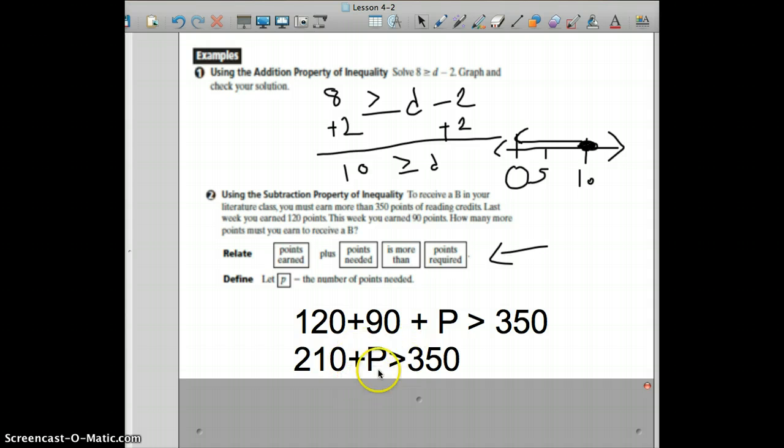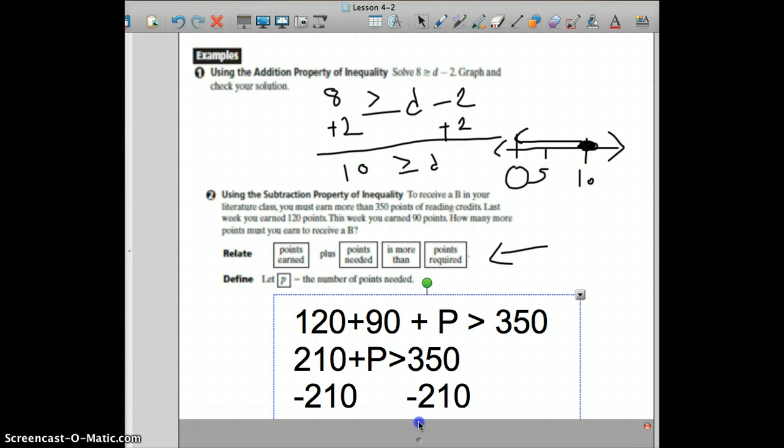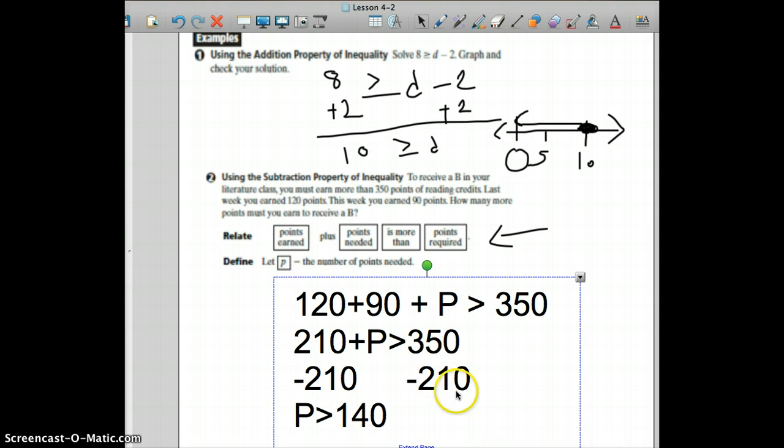I want to figure out how many points I need to earn this week, which will be P. So I have the 210, I need to get rid of that. So I subtract it from both sides, and let's look at what's left. P is greater than 140.